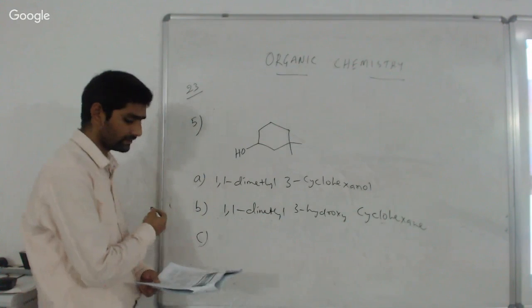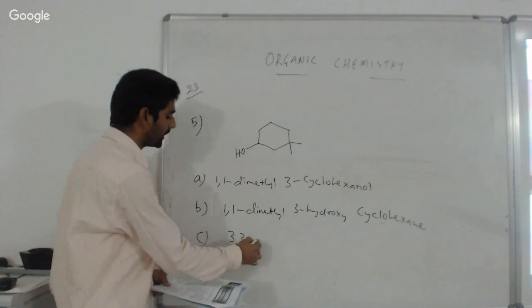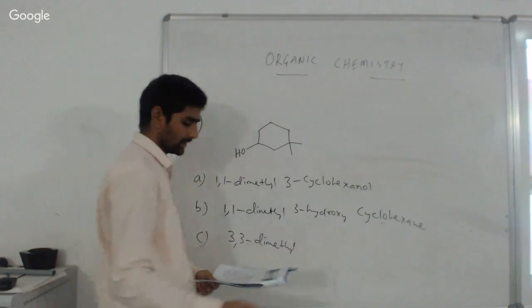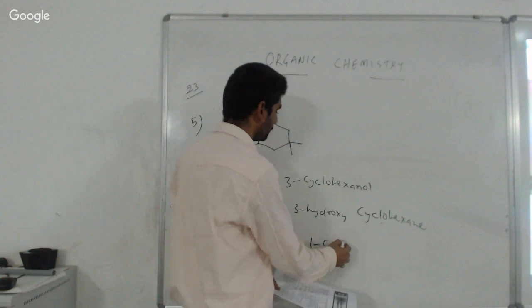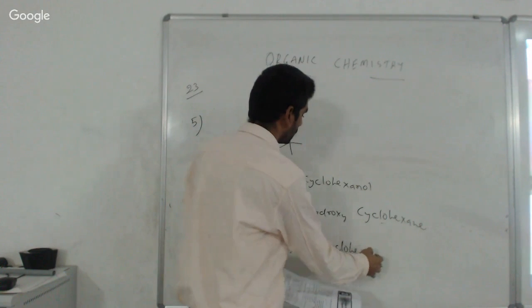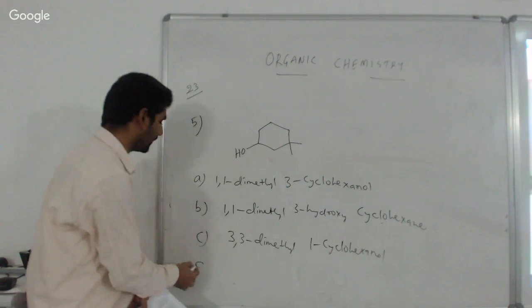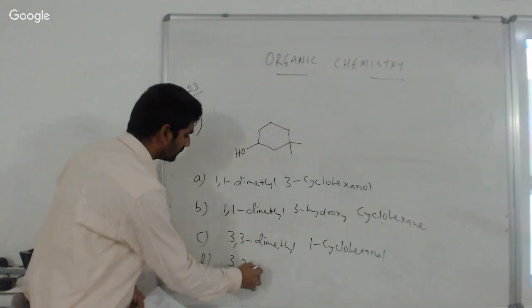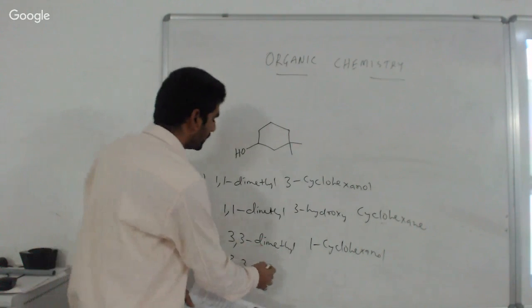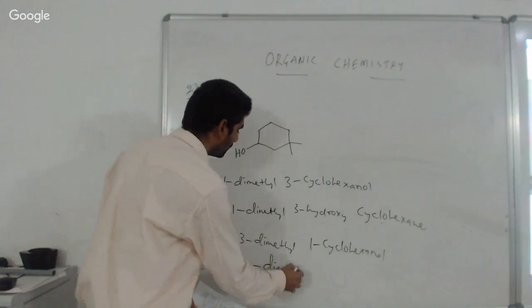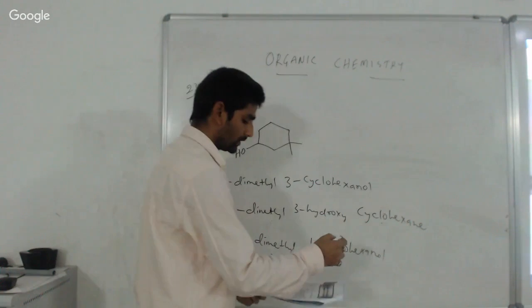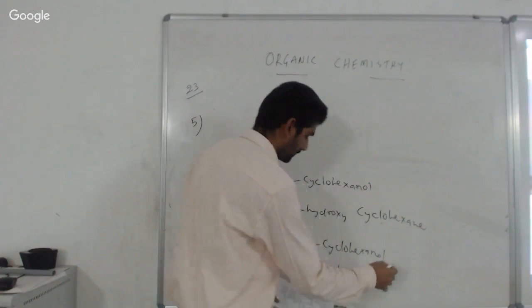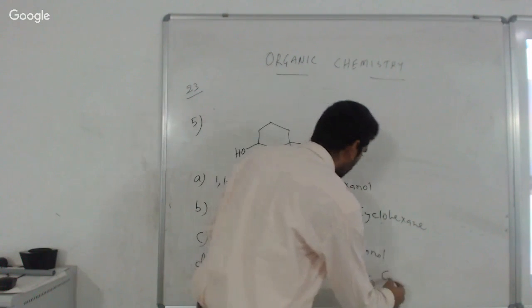Option C is 3,3-dimethyl-1-cyclohexanone. Option D is 3,3-dimethyl-1-hydroxycyclohexane.